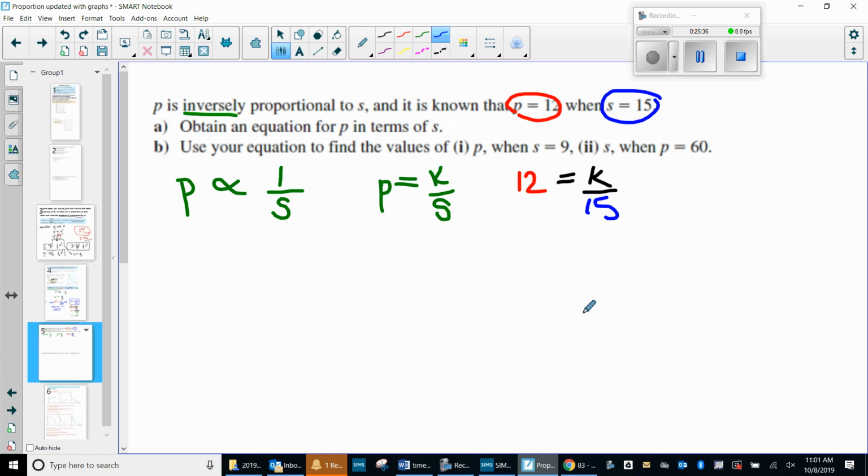For an inversely proportional question, you're going to be doing some multiplying, because to find K on its own, we need to multiply both sides by what? 15. Good. Because the 15s now cancel on this side, so K is 12 multiplied by 15. Hannah's our calculator queen. 180. So K is 180.